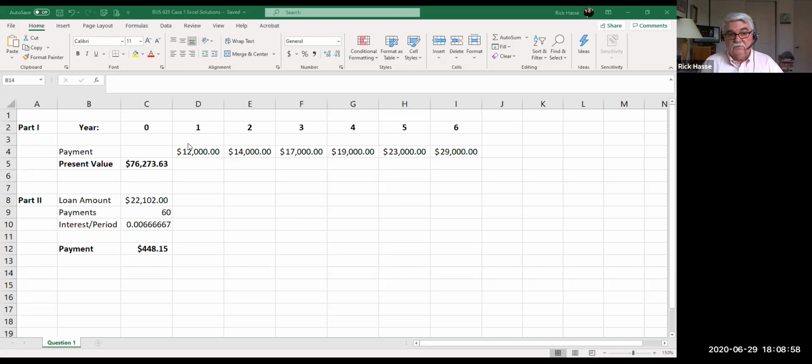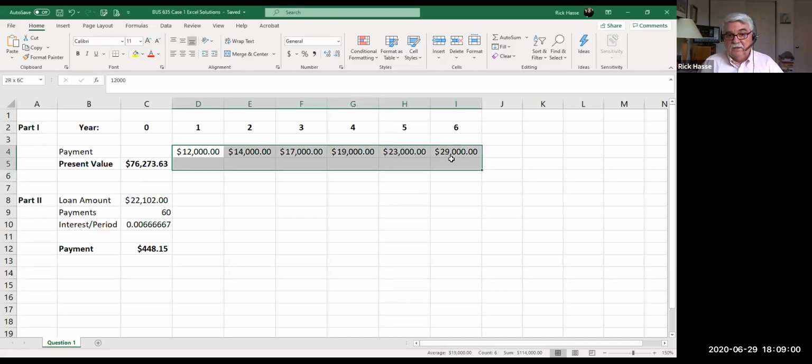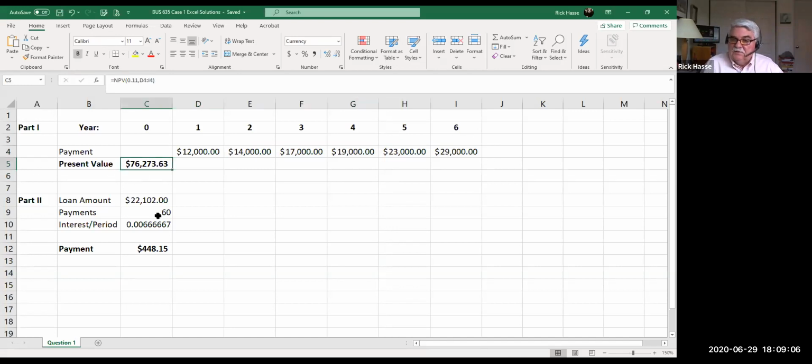Well, if you take a total of all these returns of money over the 6 years, that's $114,000. But the discount amount, or the present value amount, is $76,274 rounded.